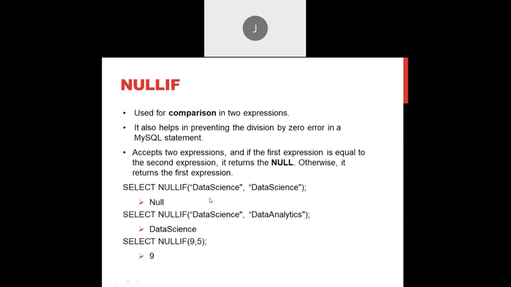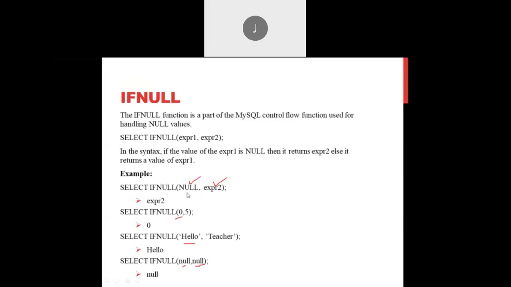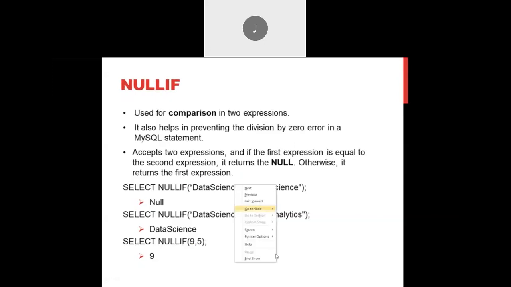And NULLIF does a comparison between the two values itself. Directly it will do the comparison. IFNULL checks for null in any of the expressions we are giving, whereas NULLIF will check the values. If both expressions are the same, then it will give the value as null. For example, we are passing two values into the function, data science and data science.